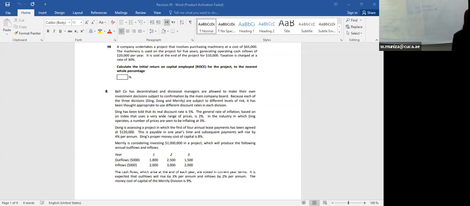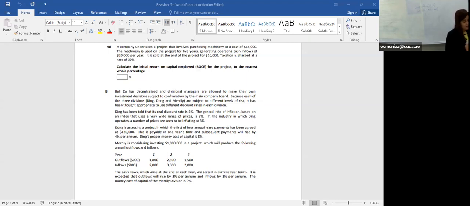Okay, now, Merrily is considering investing 1 million in a project which will produce the following annual outflows and inflows. They say the cash flows which arise at the end of each year are stated in current year terms. It is expected that outflows will rise by 3% per annum and inflows by 2% per annum.